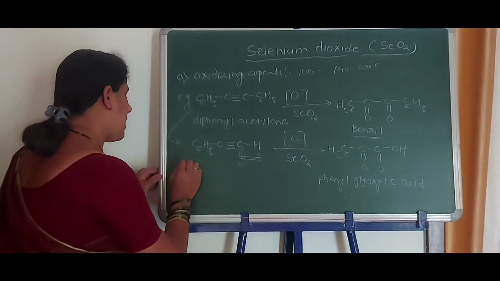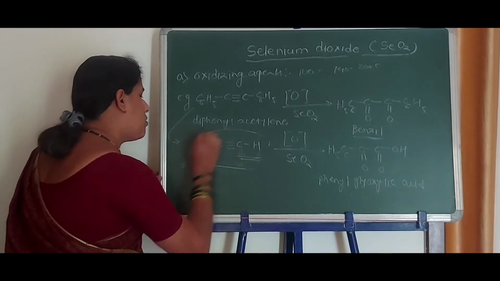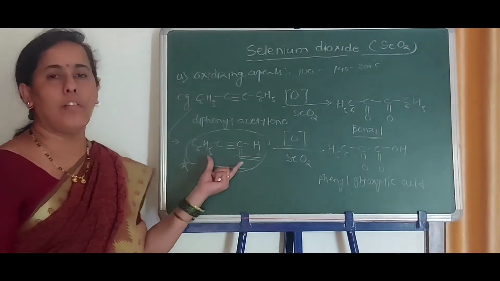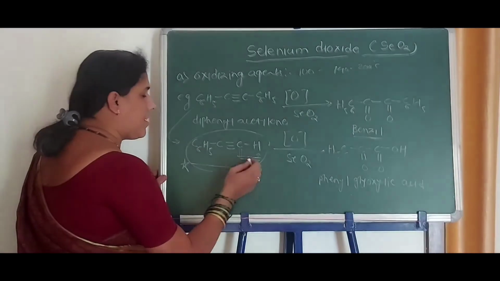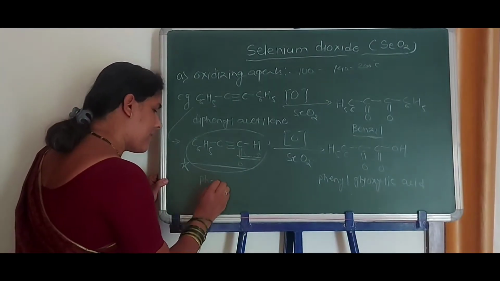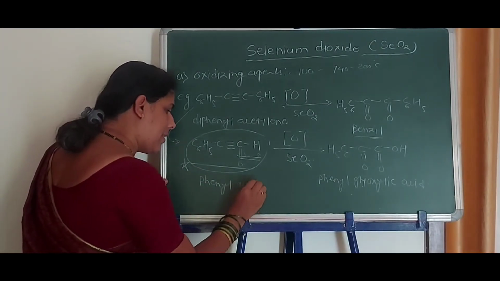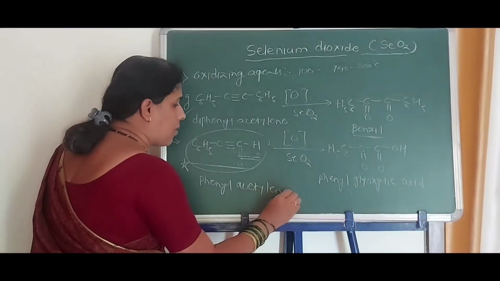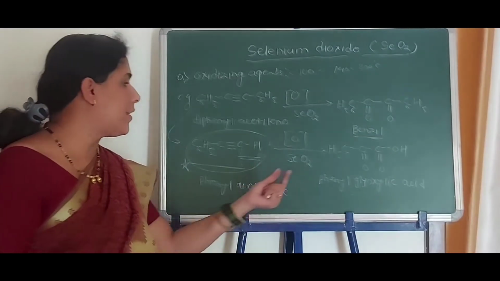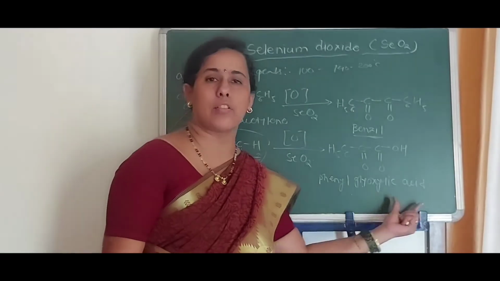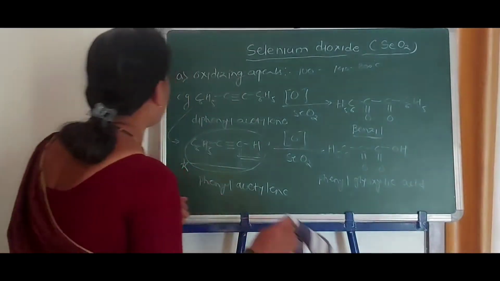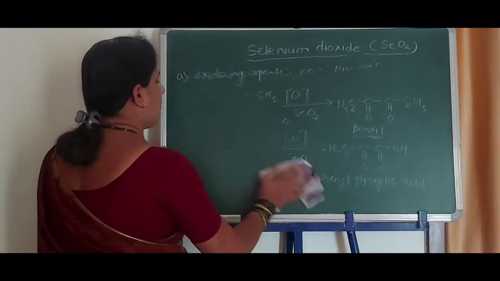So as far as the example is considered, you must take care of this example: phenyl acetylene on oxidation with selenium dioxide gives rise to phenyl glyoxylic acid. Now the next example.